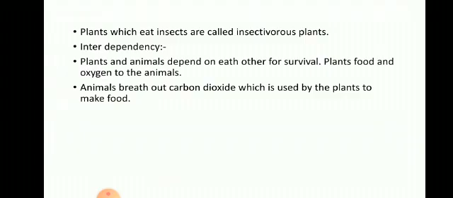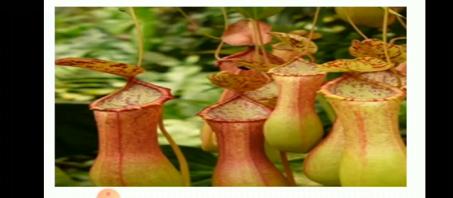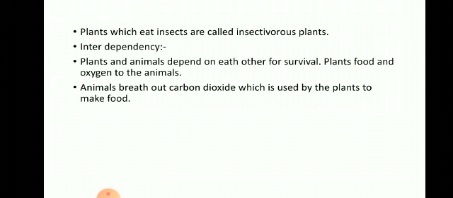The plants which eat insects are called insectivorous plants. Yeah, children, plants like pitcher plant and Venus flytrap feed on insects. What are the two plants? Plants like pitcher plant and Venus flytrap are mainly feeding on insects.